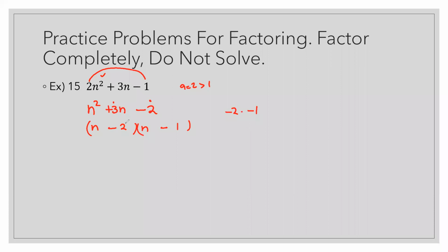And then what you're going to do is, remember the 2 here? You're going to divide the 2 by 2, divide the negative 1 by 2. So this is 2/2, that's 1. Negative 1/2 is a fraction that cannot be reduced, so you're going to put the 2 in front of the n, so that's 2n, and then leave the numerator alone. And that's it.